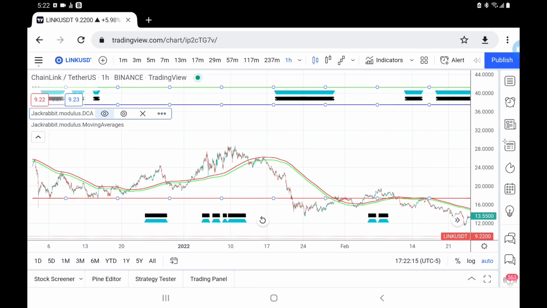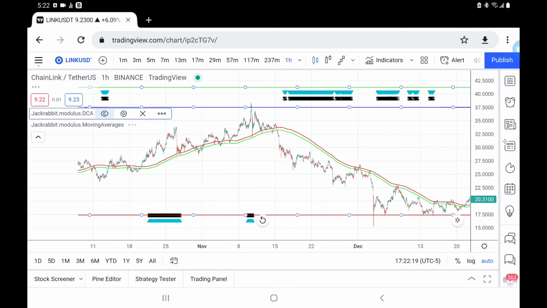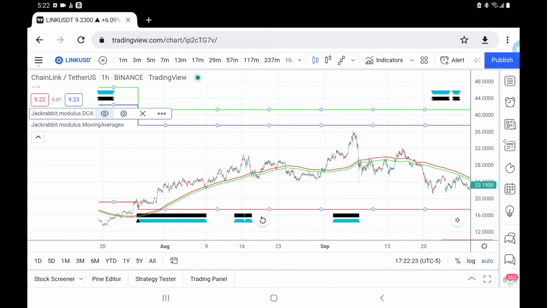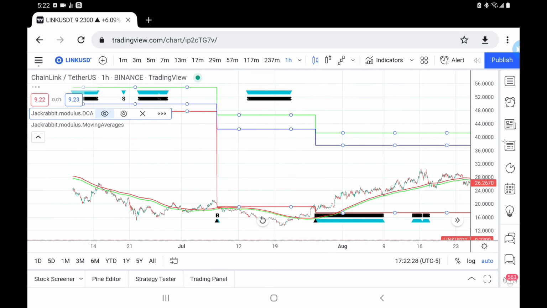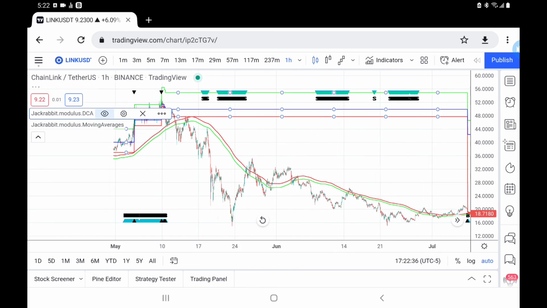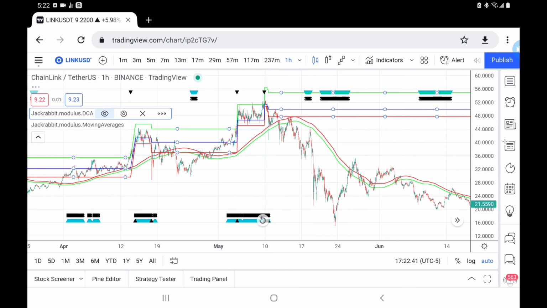And as you can see, it's a cautious and simple waiter. It doesn't waste your money. It looks for the best places to get into the market, the best places to maximize your profitability. Now with cryptocurrency, dollar cost averaging in this approach is more appropriate because you don't have dividends.